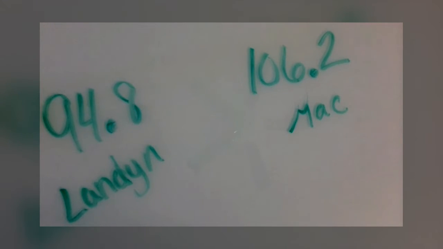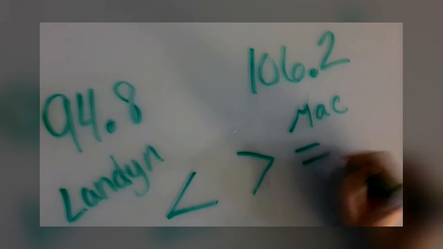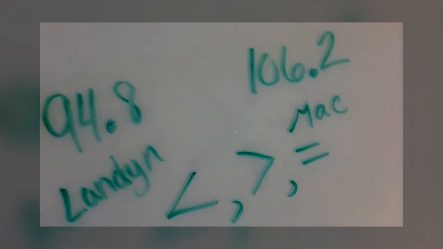So before I begin, I want to compare them. Remember, when you're comparing, you're saying greater than or less than, and you have signs that look like this. Greater than, less than, or equal to. The alligator mouth always eats the bigger number.